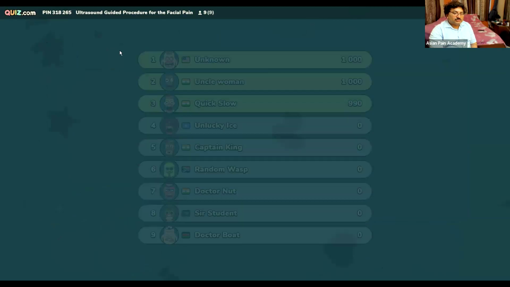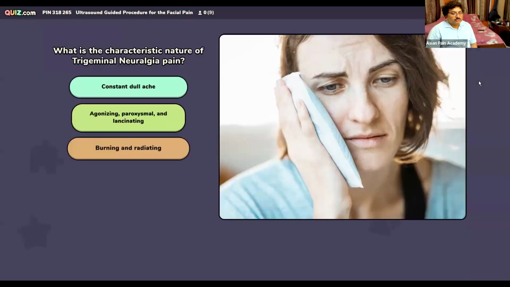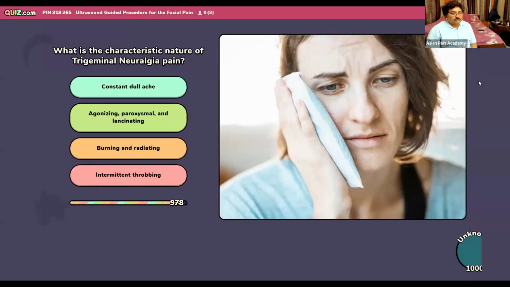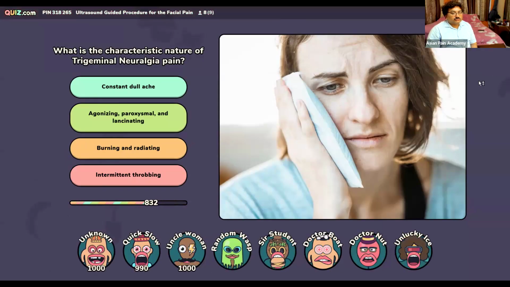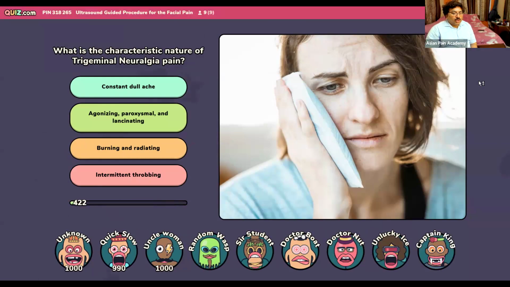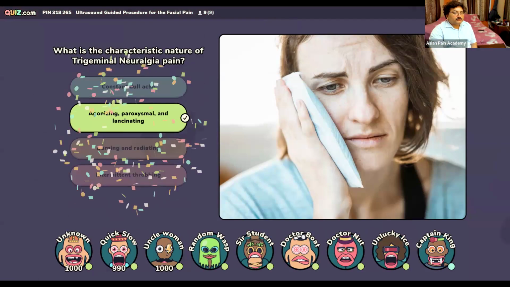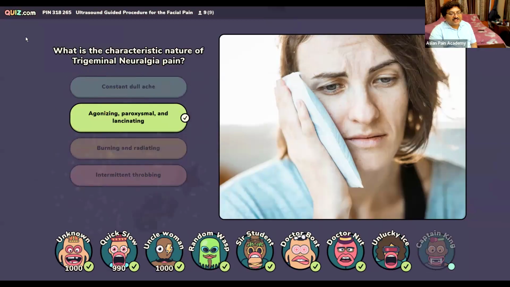What is the characteristic nature of trigeminal neuralgia pain? Agonizing, paroxysmal, and lancinating. Yes, it is an electric shock-like pain and agonizing definitely.